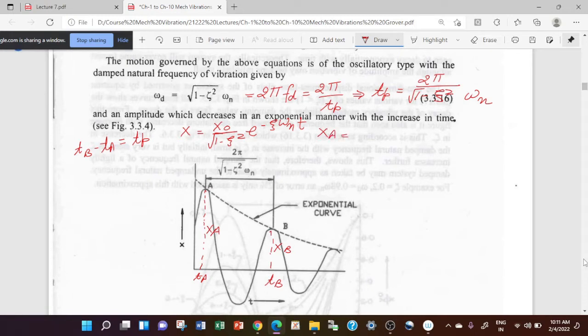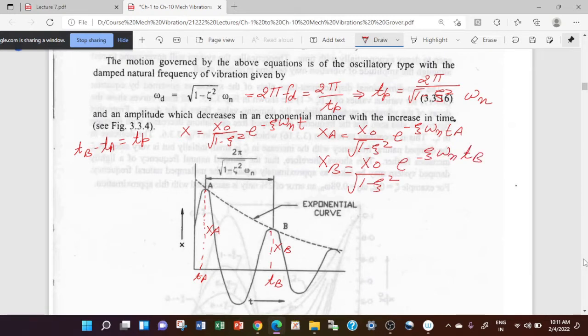Putting t equal to TA, it becomes x naught upon square root of 1 minus zeta square e raised to power minus zeta omega n TA. Similarly for xb, at time TB, it becomes x naught upon square root of 1 minus zeta square e raised to power minus zeta omega n TB.